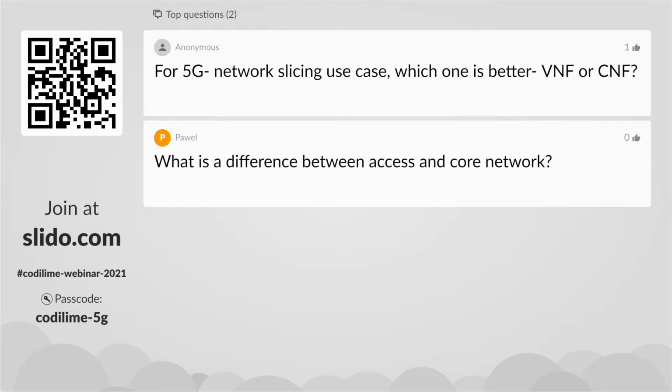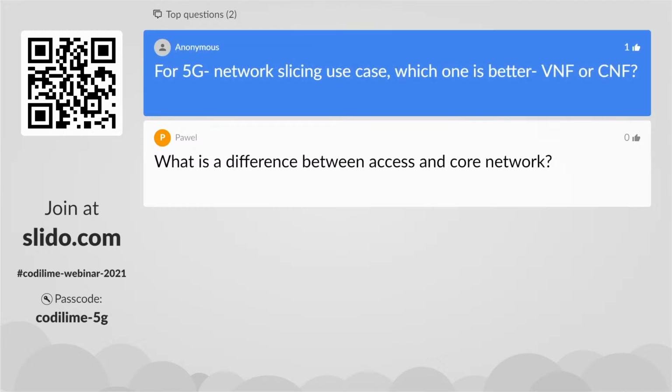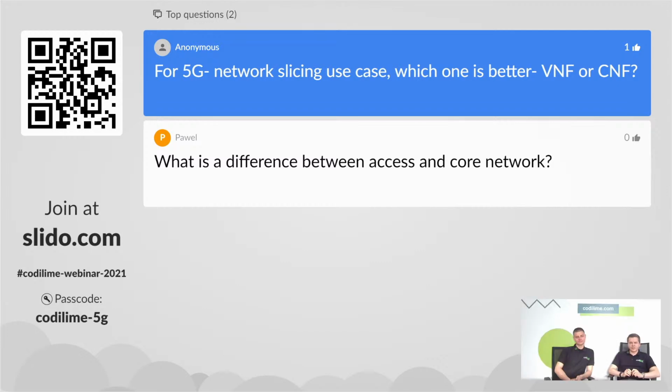Okay, for the 5G network slicing use case, which one is better, the VNF or the CNF? So we see that the shift is more to the CNFs, and together with the possibility to have multiple interfaces for the CNFs, they mostly will be used for network slicing use cases.